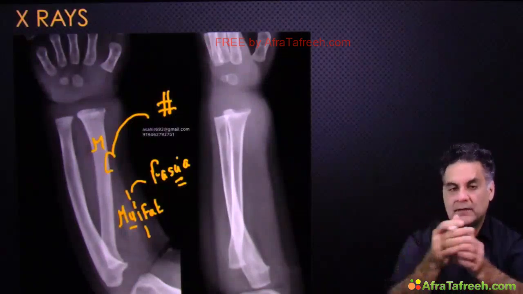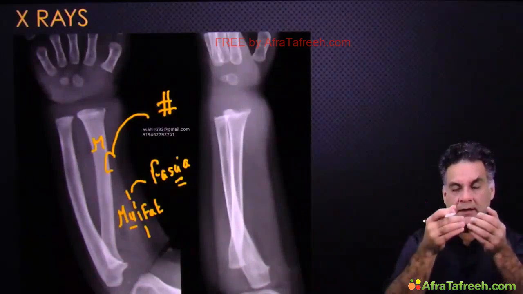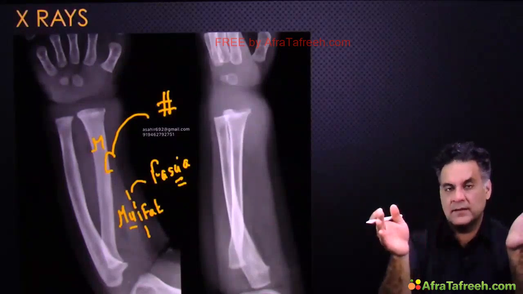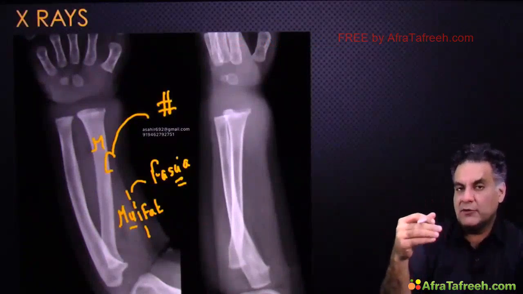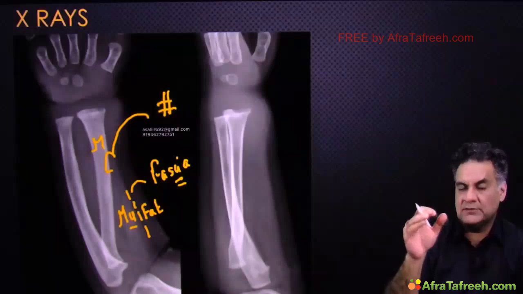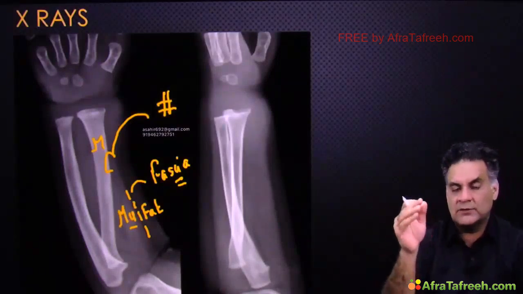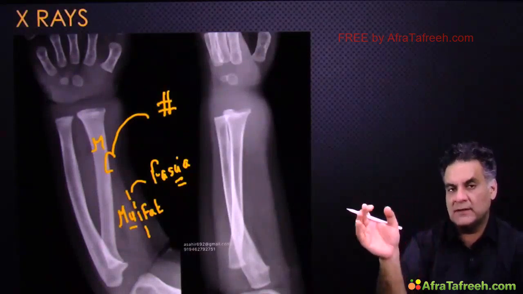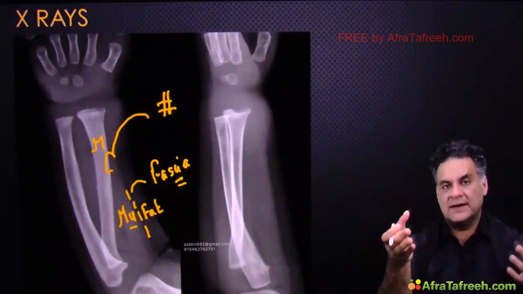Whenever there is a swelling in the limb, like infections, these soft tissue planes will merge into each other. This loss of soft tissue plane takes about 24 hours. So in the first 24 hours, the X-rays are normal. More than 24 hours, there is loss of soft tissue plane, one of the earliest X-ray features of osteomyelitis.